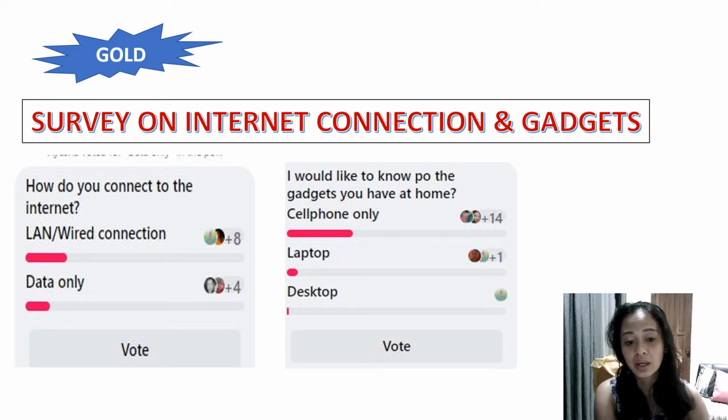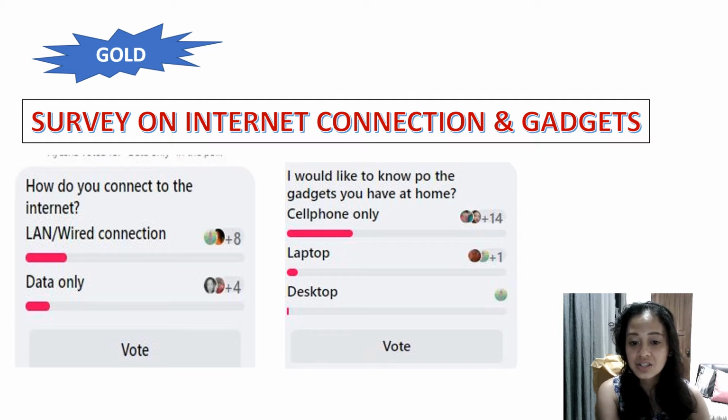So 10 and 6, we have 16 people only who cast their votes, and you are 31. So it is expected that the rest who didn't cast their votes are relying on the modules.